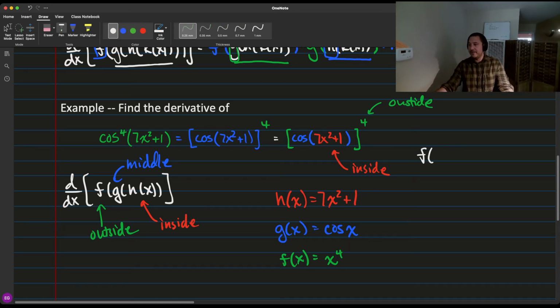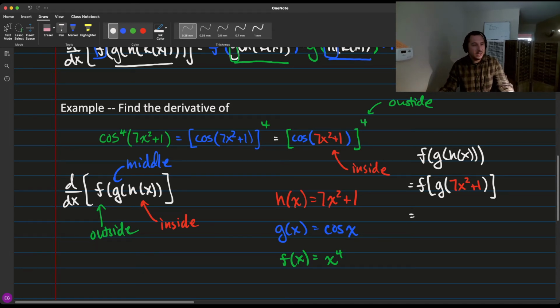So let's look at f of g of h of x. What I like to do is start from the beginning. You want f of g. Now what is your h? Your h is 7x squared plus 1. That is being fed to g. What does g do to anything? It takes the cosine of it. So you have the cosine of 7x squared plus 1.